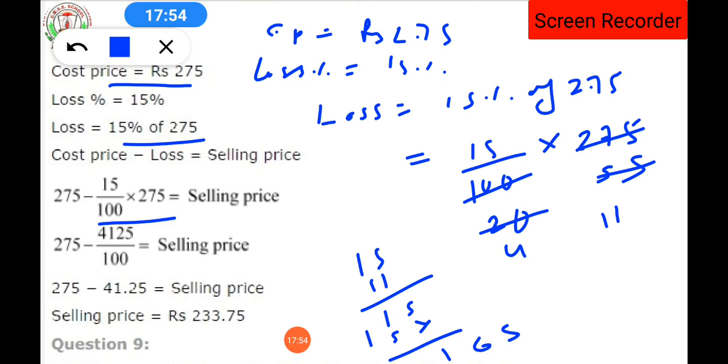Now 165 upon 11, if we divide by 11, how many times does 11 come? 1 time. 11, because 22 comes, second 11 2s are 22. So here 55. So 5 is there, and I will divide once again and show you what answer we are getting. 165 we will divide by 4, isn't it?